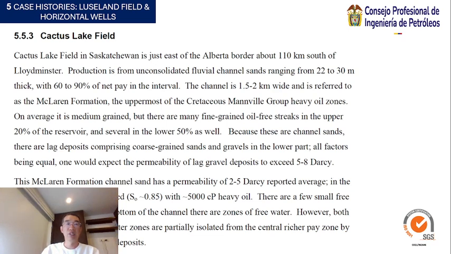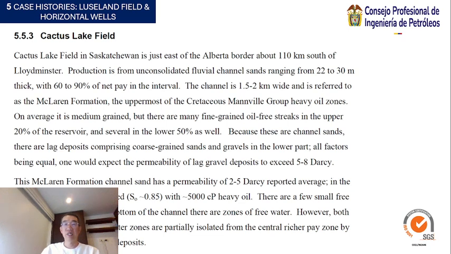Cactus Lake Field. Cactus Lake Field in this area is just east of the Alberta border, about 110 kilometers south of Lloydminster. Production is from unconsolidated fluvial channel sand ranging from 22 to 30 meters thick, with 60 to 90% net pay in the interval.